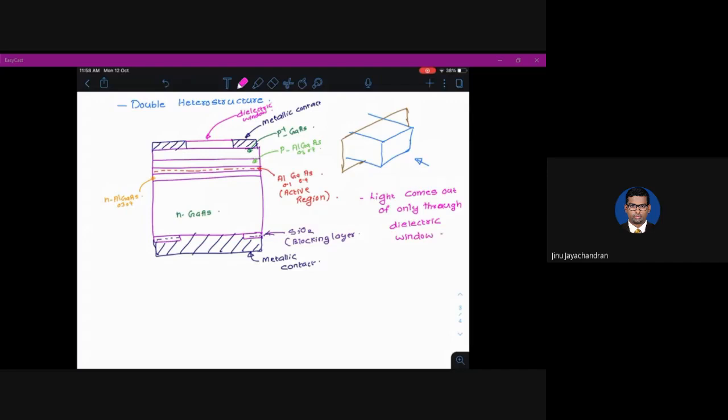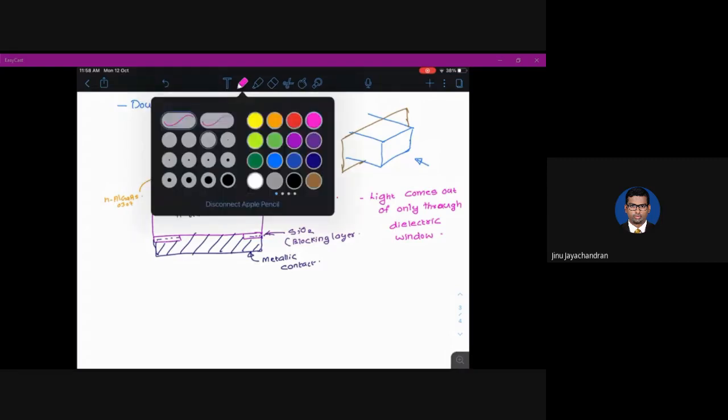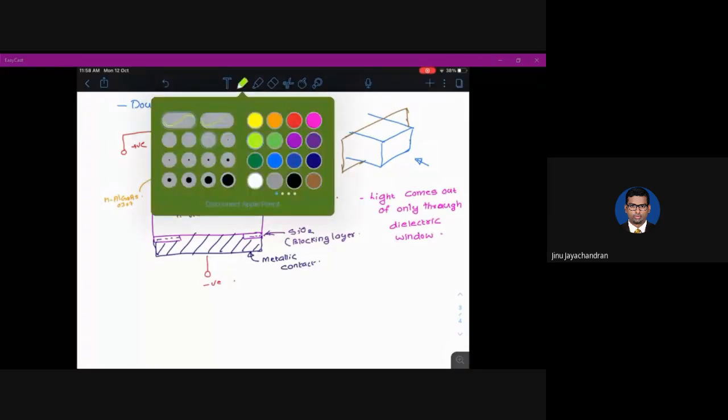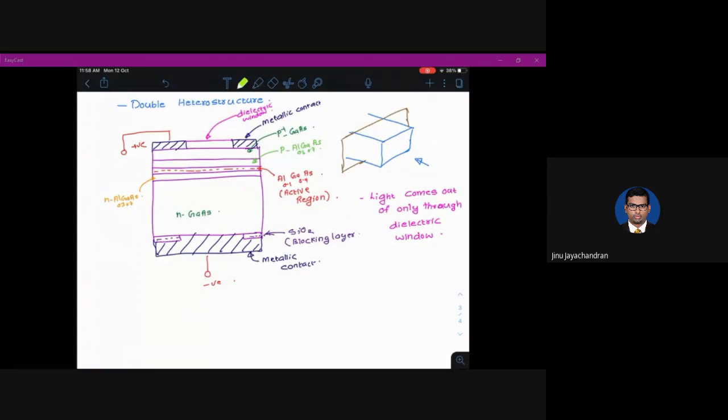Okay, and we will be supplying current through the metallic contact. So there will be a positive here, and there will be a negative here, and the current will not flow through the dielectric. So basically, the current flows like this, like a funnel.